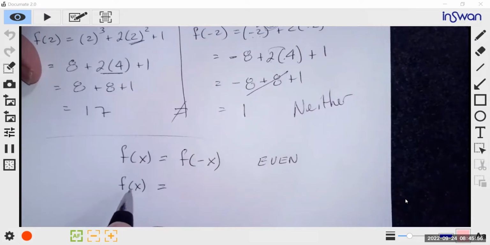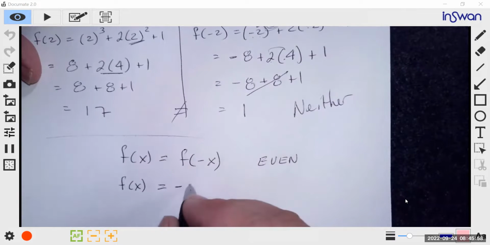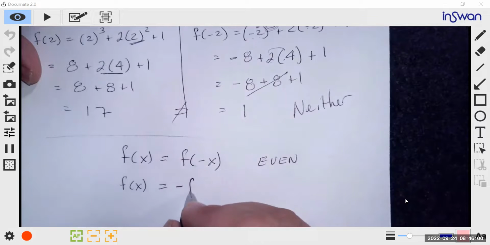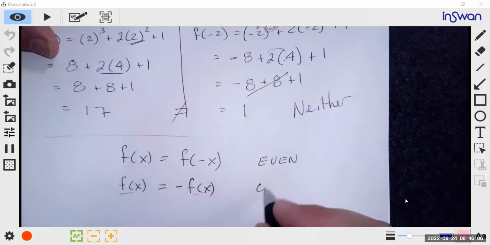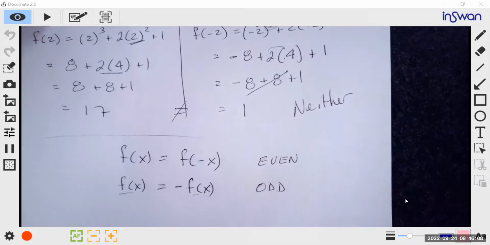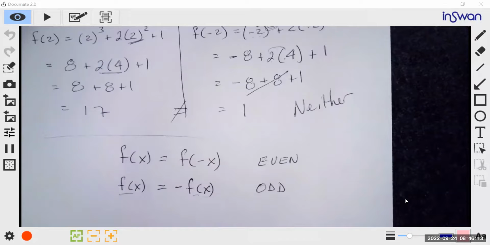If I have a function and I put a negative number in there, and it just makes the same number of different signs, we call that an odd function. All right, so that's symmetry.